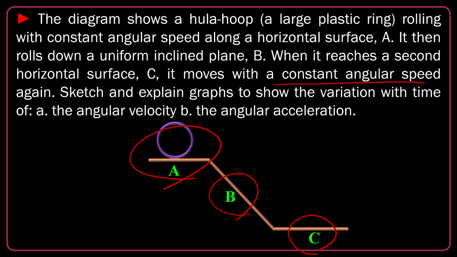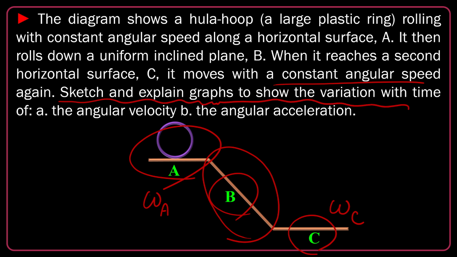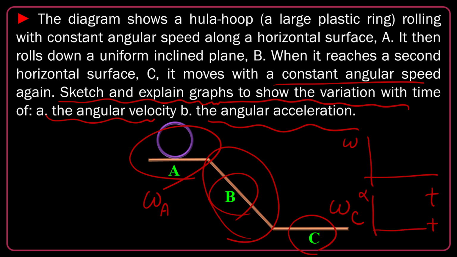So I have a constant omega here, omega A, a constant omega here, omega C, and variable omega through the ramp, because on the ramp the object will have acceleration. Anyway, sketch and explain the graphs to show the variation with time of angular velocity and angular acceleration. So I need an omega-t graph and also an alpha-t graph.